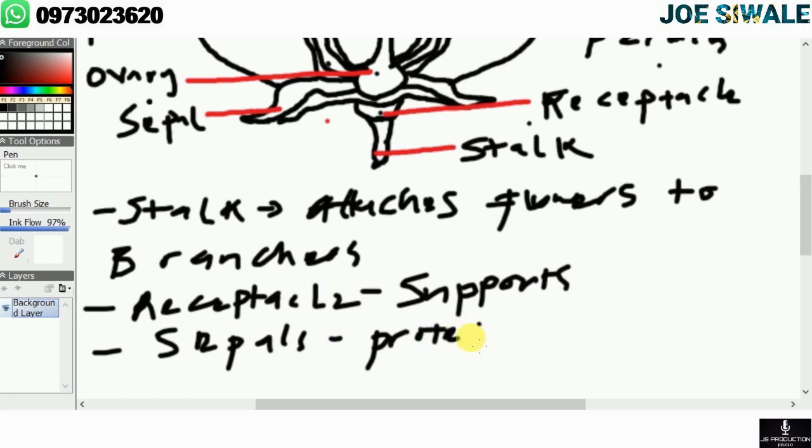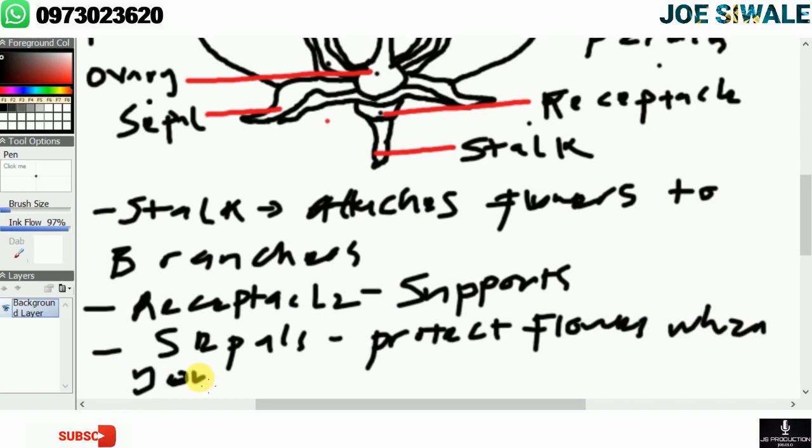This is used to protect flowers when they are still young, when they are still in a bud. So we have the keyword bud here.